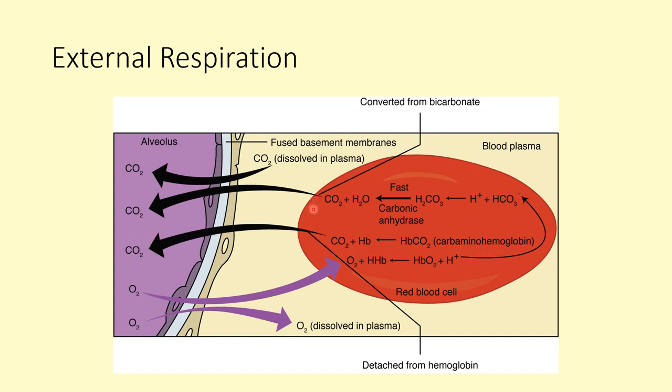The majority of the carbon dioxide in the blood is going to be carried in the form of bicarbonate. This right here is bicarbonate. This is just carbonic acid. This is carbonate. And so that's the way most of the CO2 is carried. Most of the oxygen will be carried on the hemoglobin.